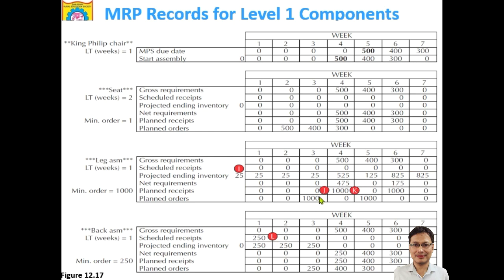Since the production of leg assembly takes only 1 week, we have to place the order 1 week prior. But what we are seeing here is that the planned order is 1,000, and that's why the planned receipt is also 1,000. Then why 1,000? Why not 475 units?